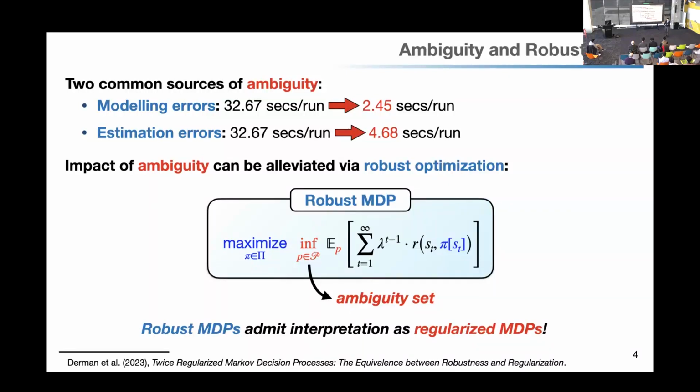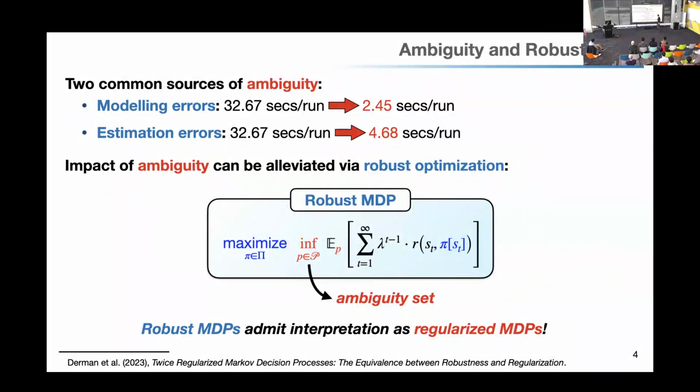Not the only approach, but one of them. Now, assuming we are buying into this reasoning, there are at least two questions that we would need to answer. The first one is, how should we choose an ambiguity set P? Because ideally, we don't just want to choose it heuristically, but we want to have some kind of principled approach to choosing P.